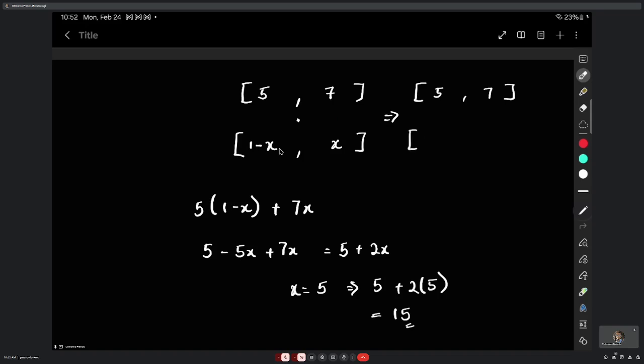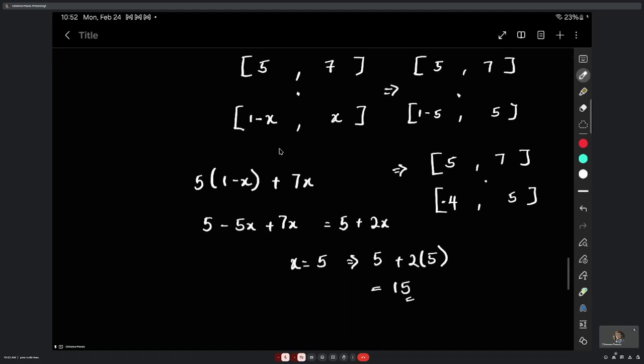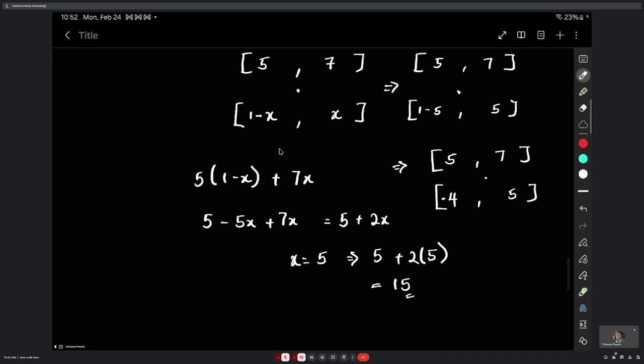If we want to partially evaluate at x equal to 5, this would be 1 minus 5, and this would be 5, right? So which is basically minus 4 comma 5.